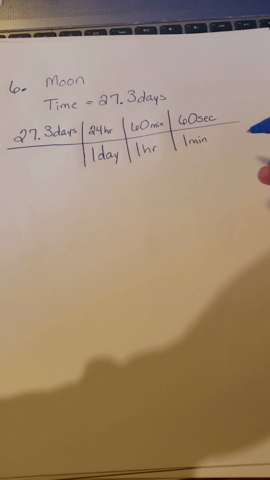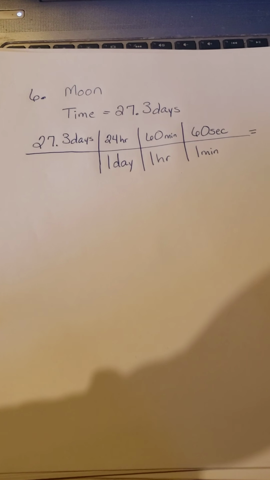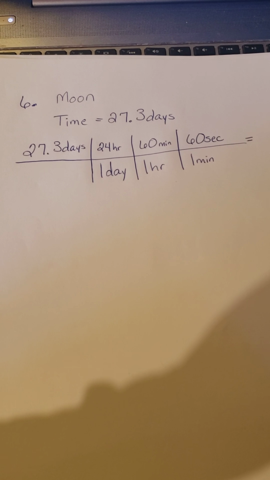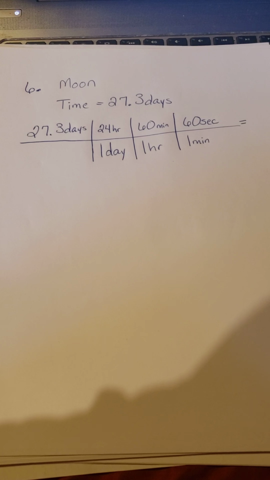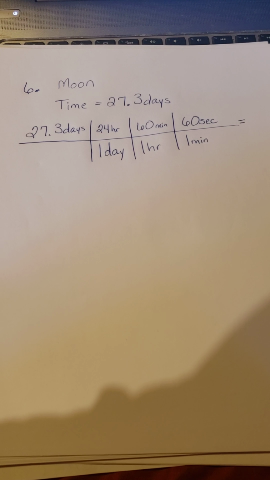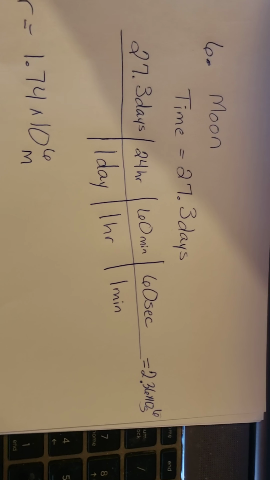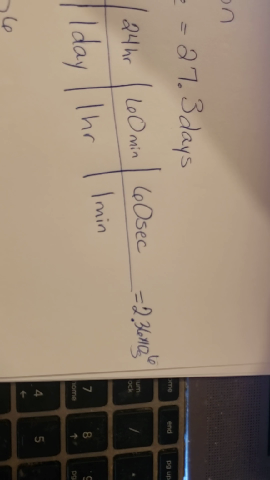I'm going to give you a few seconds to write that down and let's see what we get. Okay, so you should have gotten 2.36 times 10 to the 6th seconds.